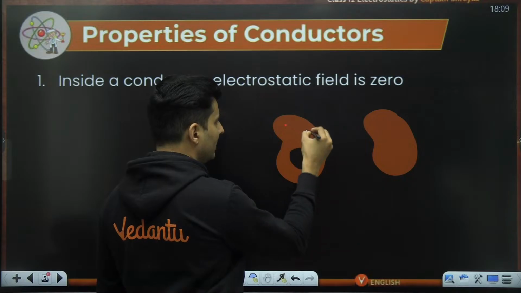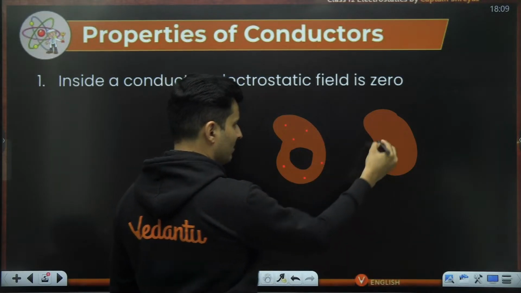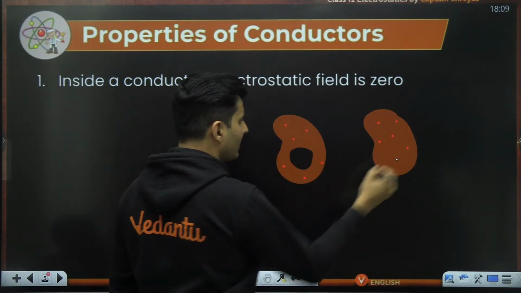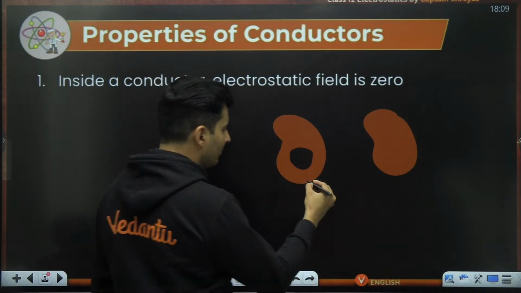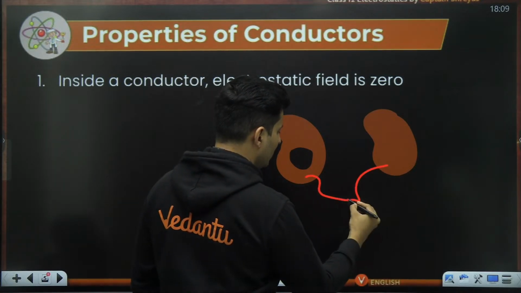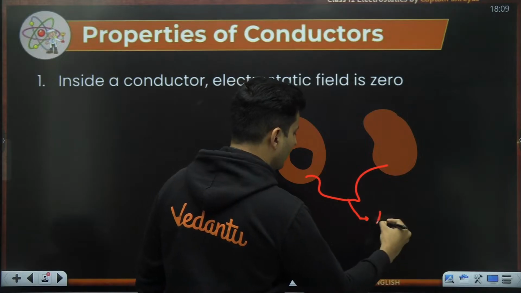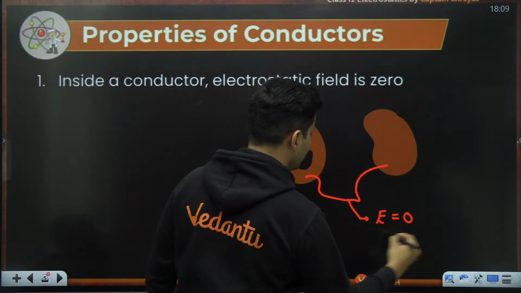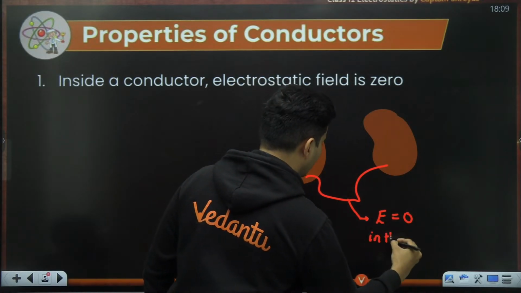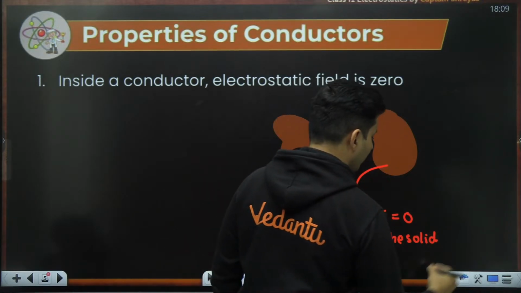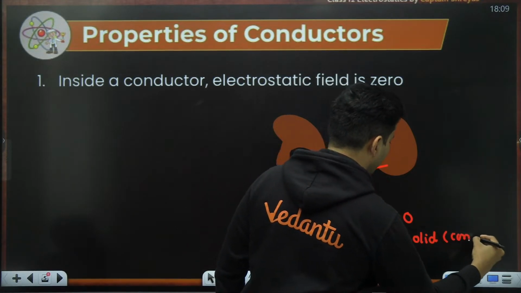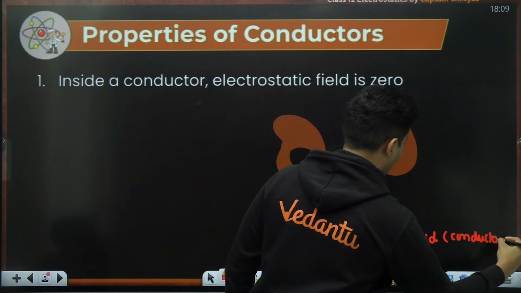So at all these points marked red, as you can see, the electric field is zero. In fact, in that whole chunk of solid, the electric field is going to be zero in the solid part of the conductor, everywhere.